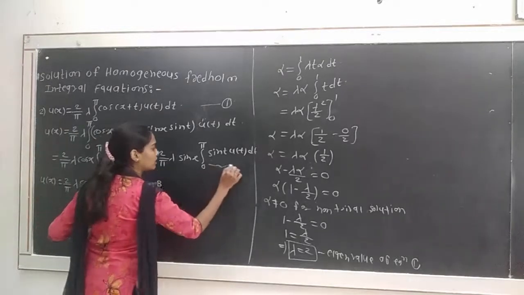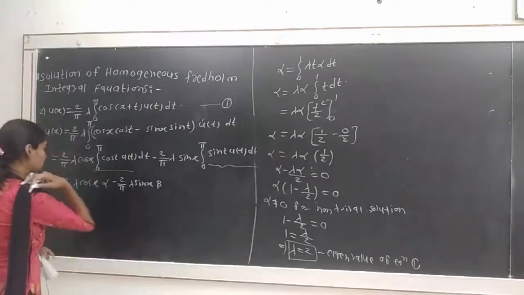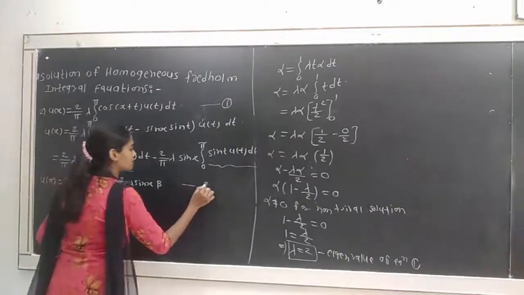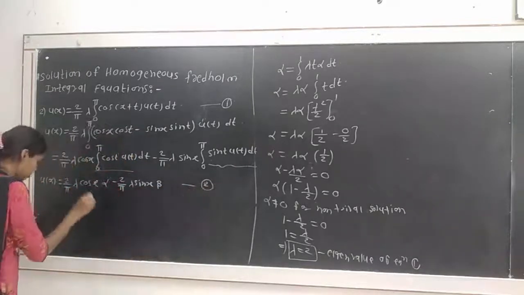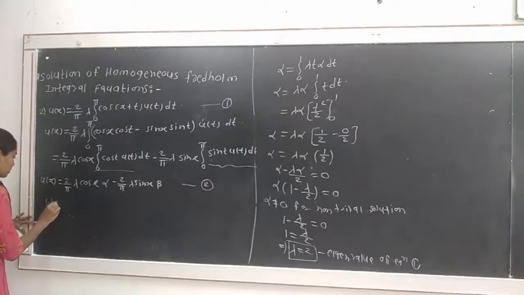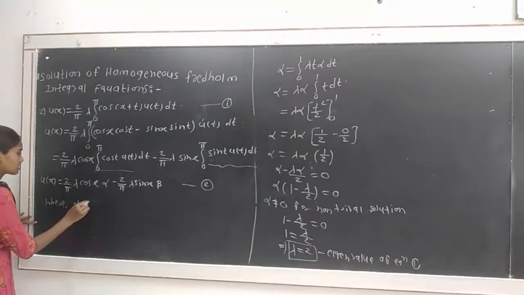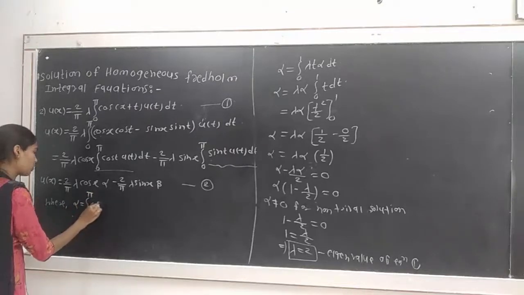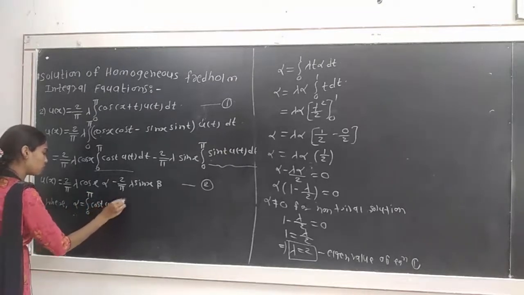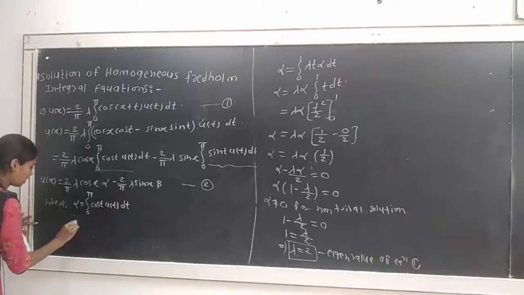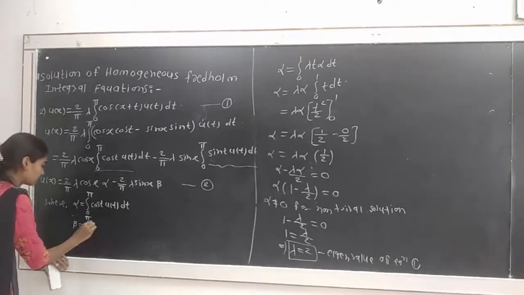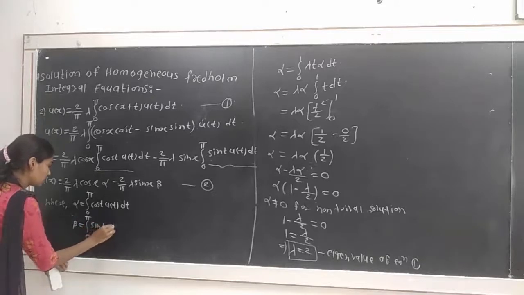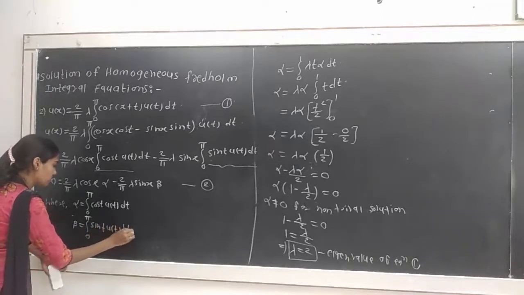Take this as equation number 2, where here we consider alpha is equal to integration from 0 to pi cos t into u of t dt, and beta is equal to integration from 0 to pi sin t into u of t dt.